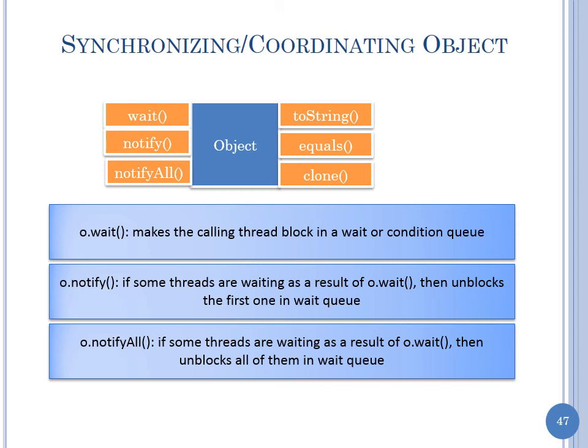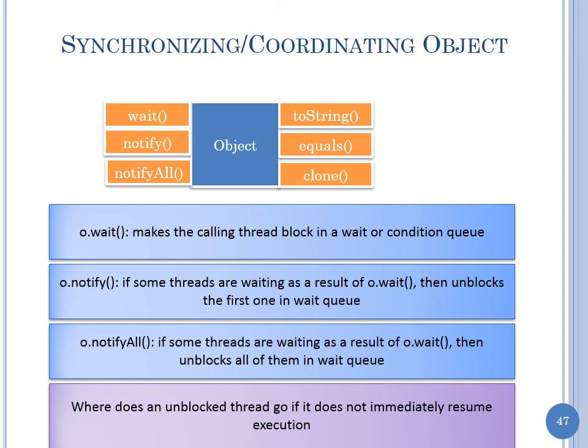So where is the unblocked thread? What happens to the unblocked thread? Where does an unblocked thread go if it's not immediately executed? We haven't quite answered that explicitly. These guys who've been answering the questions have kind of assumed something, so let's make that explicit. If it is in the ready state, where is it?